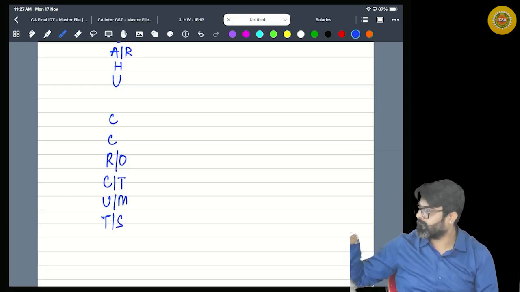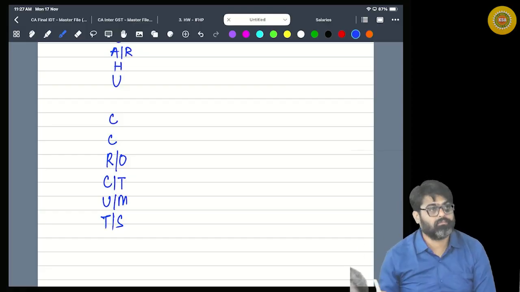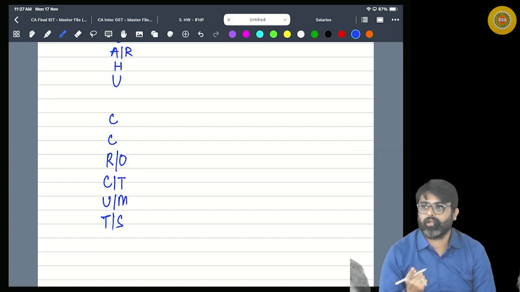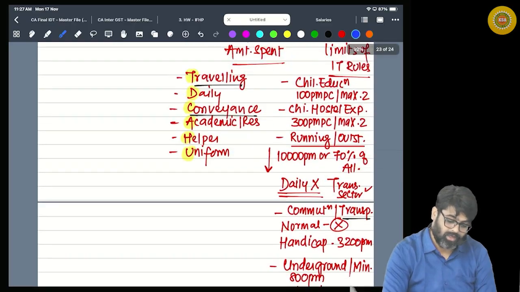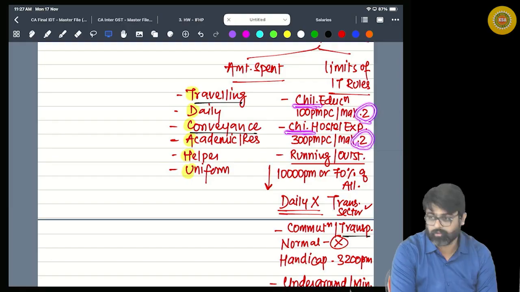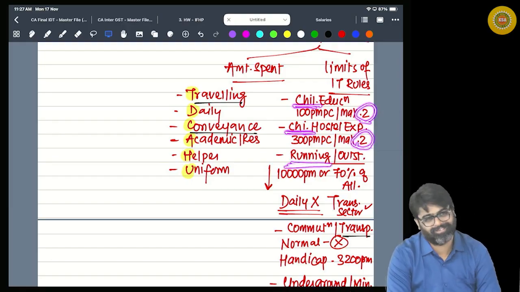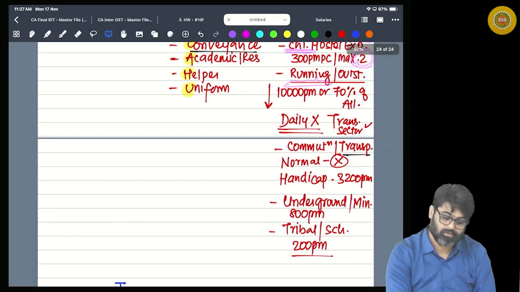Now how to remember these 6 names? See, limits you will remember, but names are important to remember. Children, 2 children. What do the children do? Sir, running. Children will be running. Where?